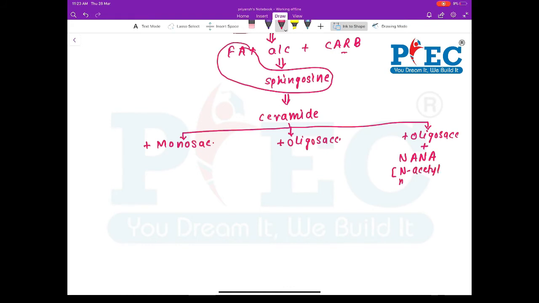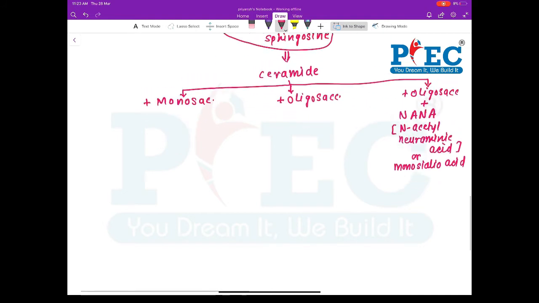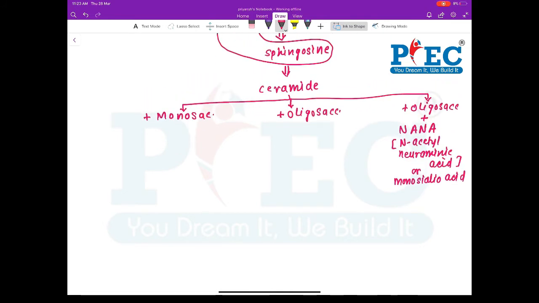NANA is N-acetyl neuraminic acid, also called monosialic acid. So if I add monosaccharide on ceramide, it will be called cerebroside.